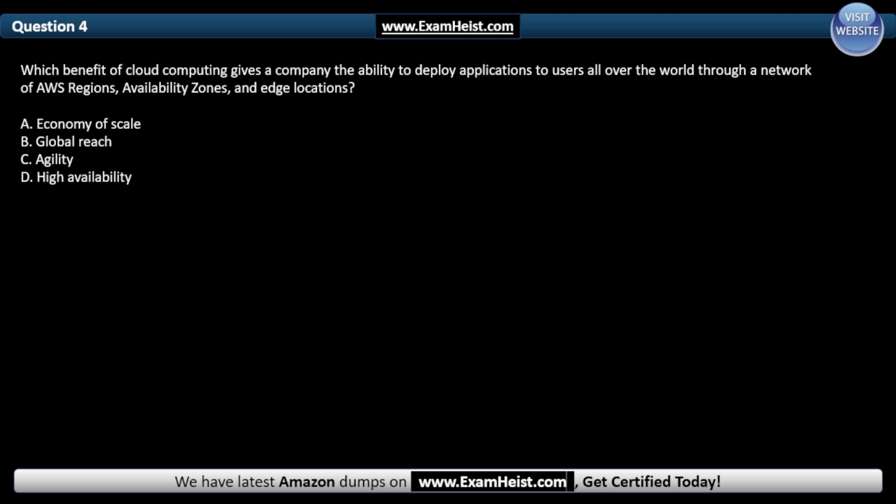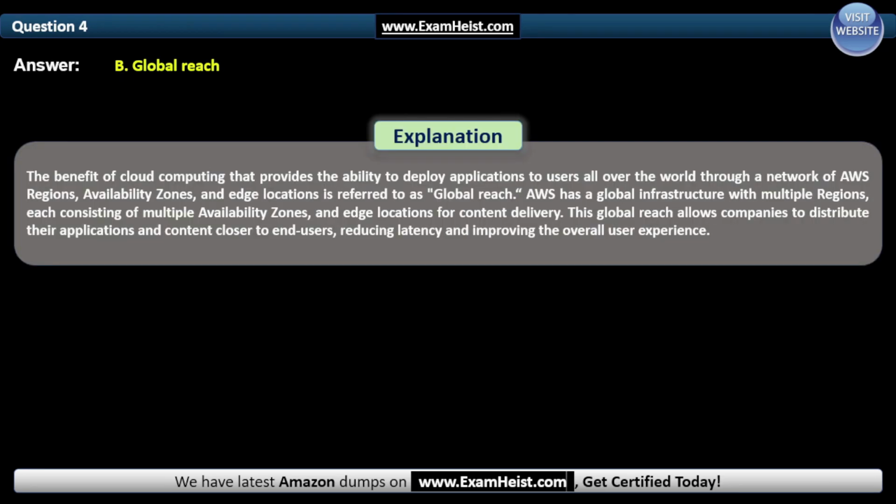The correct answer is B. Global reach. The benefit of cloud computing that provides the ability to deploy applications to users all over the world through a network of AWS regions, availability zones, and edge locations is referred to as global reach.